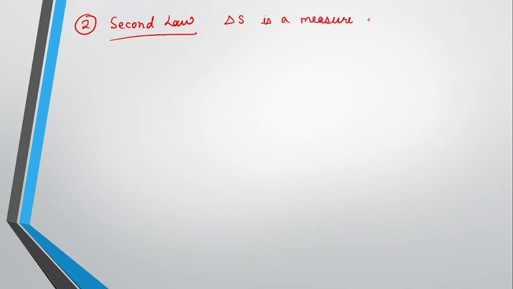Okay, next, second law. Second law defines entropy, delta S. Entropy is a measure of disorder or randomness.